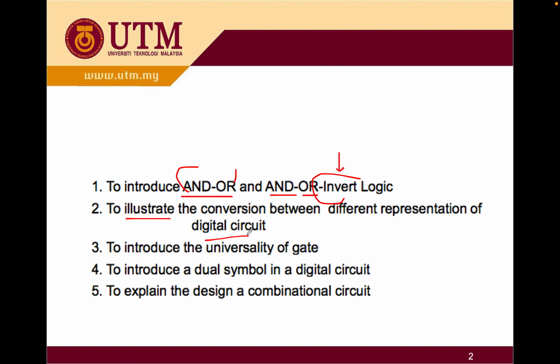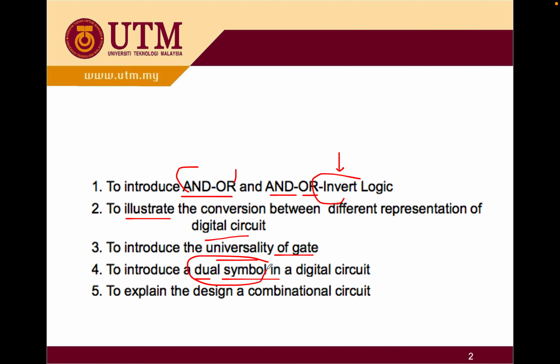After you learned last time on the basic gates and universal gates, you're going to also be introduced to the universality of gates. And there is another one, which is the dual symbol. It is basically your basic gate, but how to make it a dual symbol. What are dual symbols?